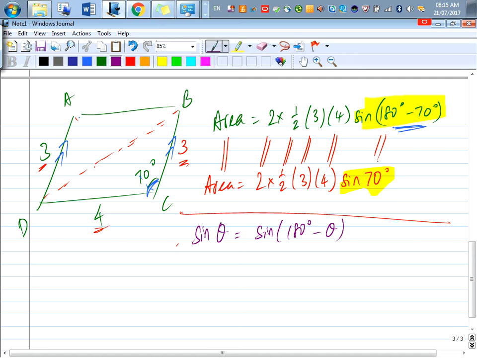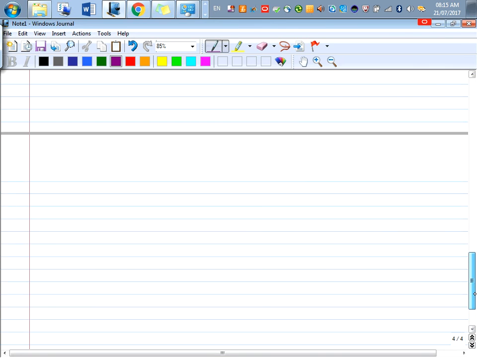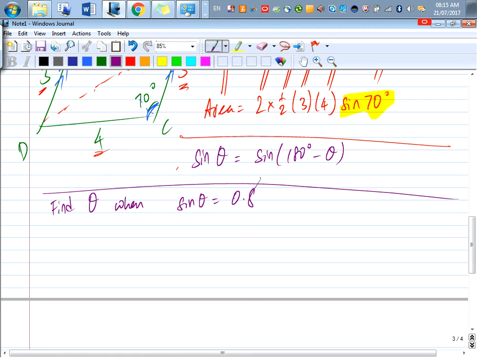So we can use this to show that they are the same also. Okay? Next question. Since we are talking about this, how do we handle questions on sine? For example, I tell you that find theta when sine theta equals to 0.8. Okay, how?